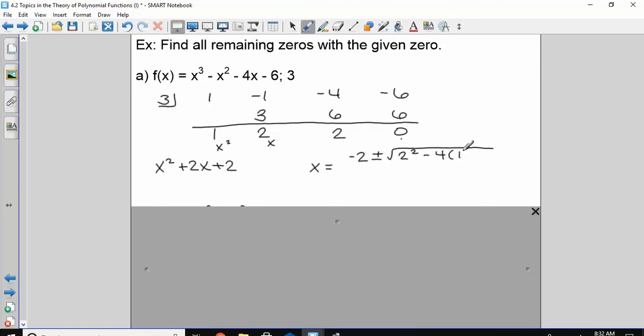A is 1, c is 2. All over 2a, so 2 times 1. Okay, so I get 4 minus 8, so that's a -2. What's the square root of -2? What do I have to take out of that?